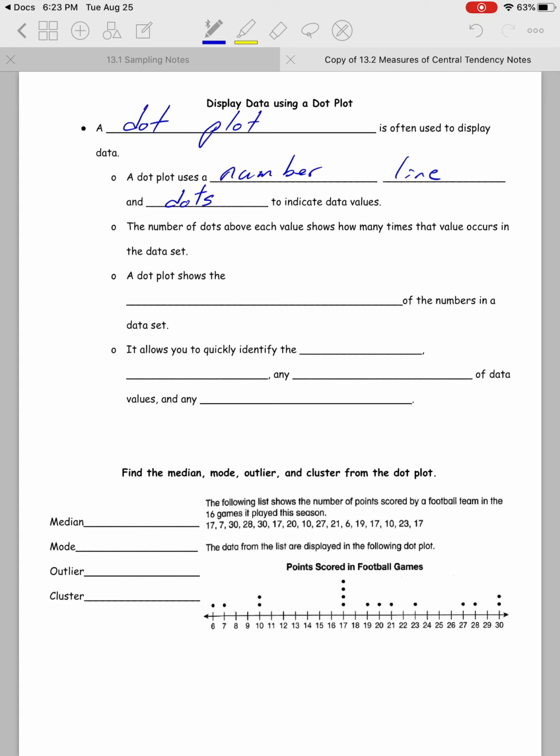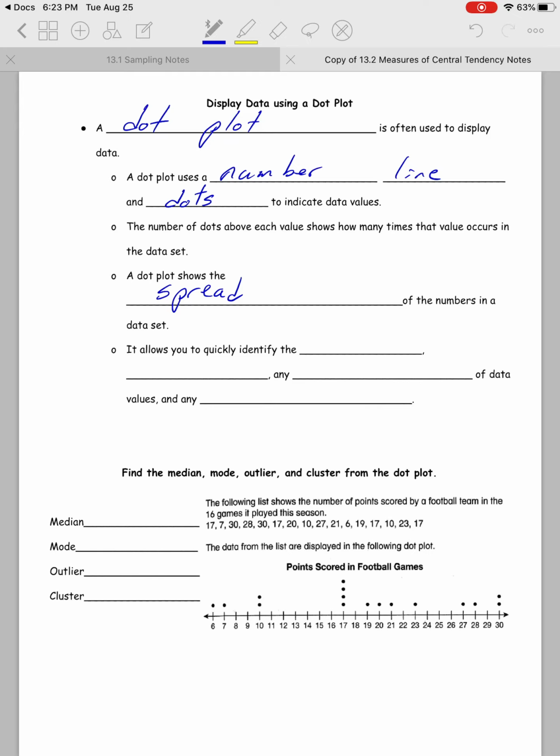An example of this is going to be at the bottom of the page we're going to use. The number of dots above each value show how many times the value occurs in the data set. A dot plot shows the spread of the numbers in the data set.